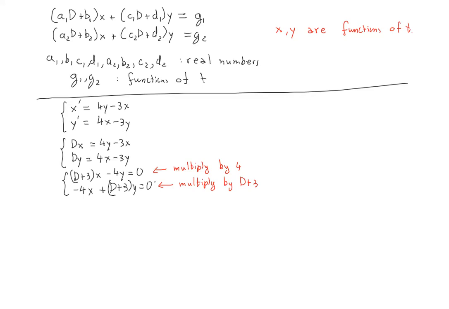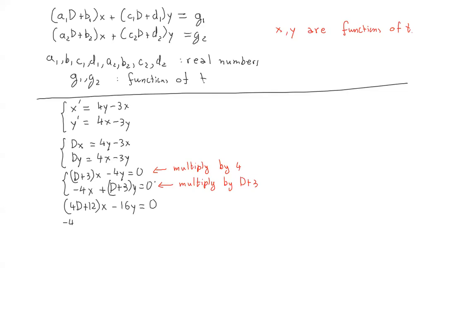So if I multiply the first equation by 4, what do I get? I get (4d plus 12) times x minus 16y is equal to 0. And if I multiply the second equation by d plus 3, what do I get?